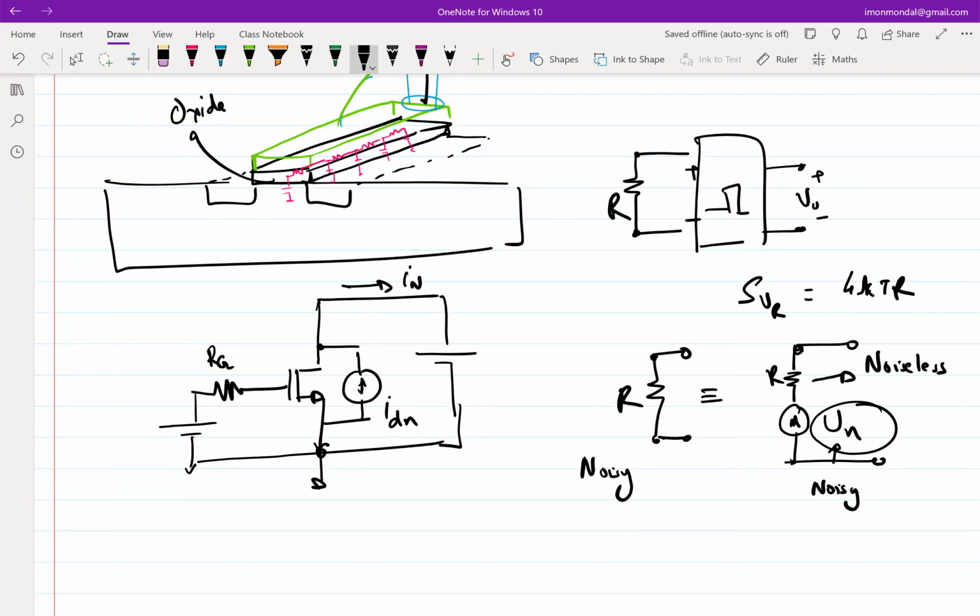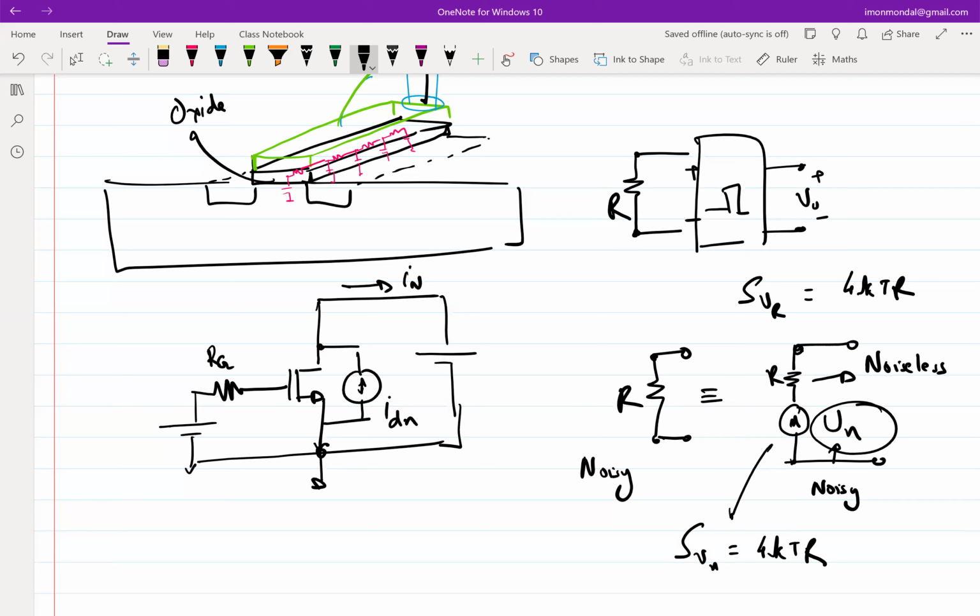You put a band pass filter, observe the power at the output of the band pass filter at 1 Hz bandwidth, and both of them have to be equivalent. Then only these two models are equivalent. So the power spectral density of this voltage source should be 4 kTR, right? So SVN has to be equal to 4 kTR, and R is noiseless.